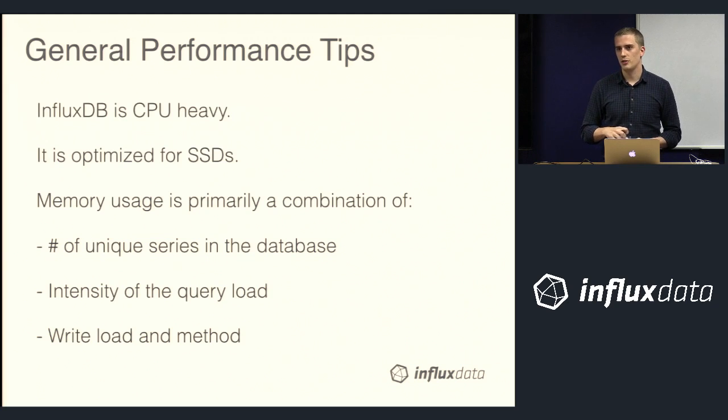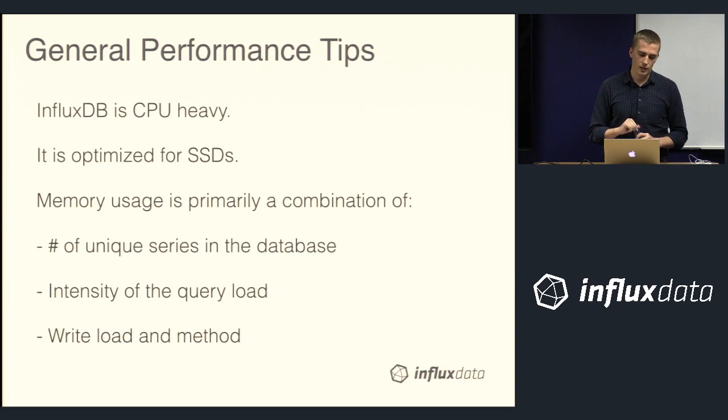Generally, if you're returning more than 10,000 points from a group by query, you're going to see significant memory usage, because InfluxDB will allocate all those buckets when it gets that query and start filling them out with the actual values.